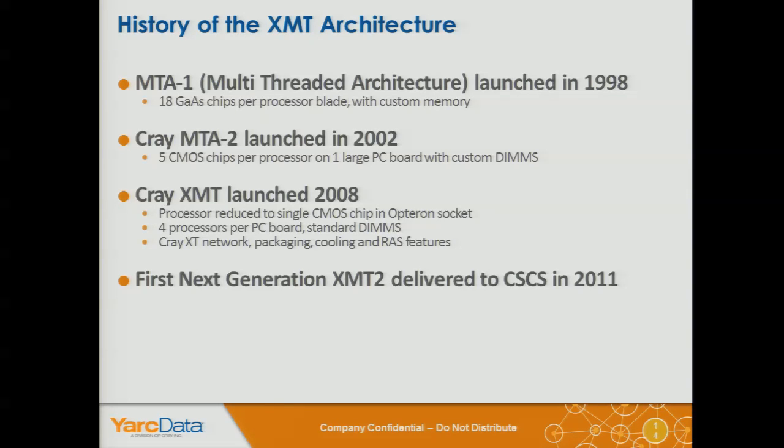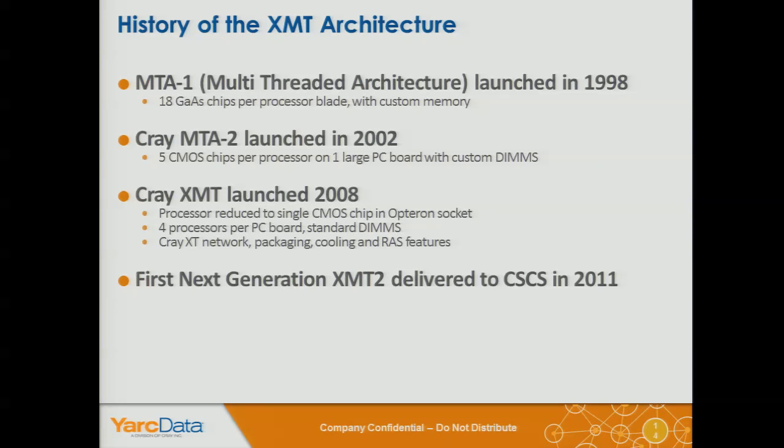So basically it's when we put the MTA architecture in an Opteron socket and implemented it in our big supercomputer hardware that the XMT really became a practical machine.